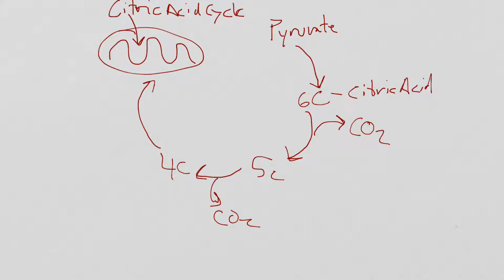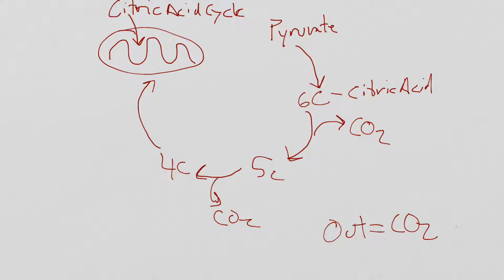Okay? So the key part to the citric acid cycle is that even though you're getting out CO2, every time you break off one of these CO2s, you are going to be getting either electron carriers or electron carriers and ATP.